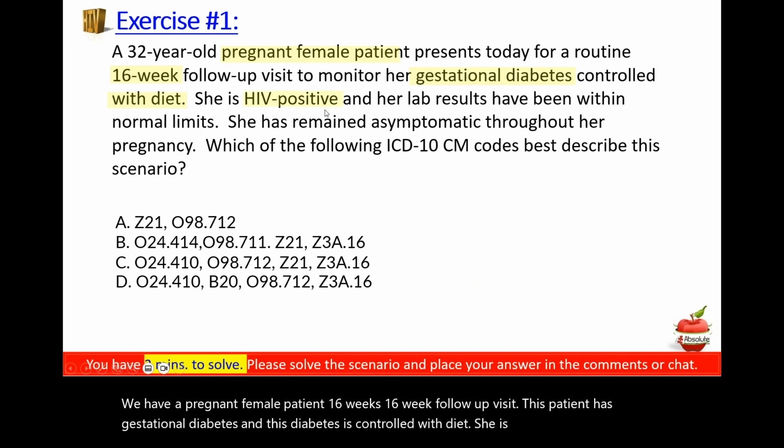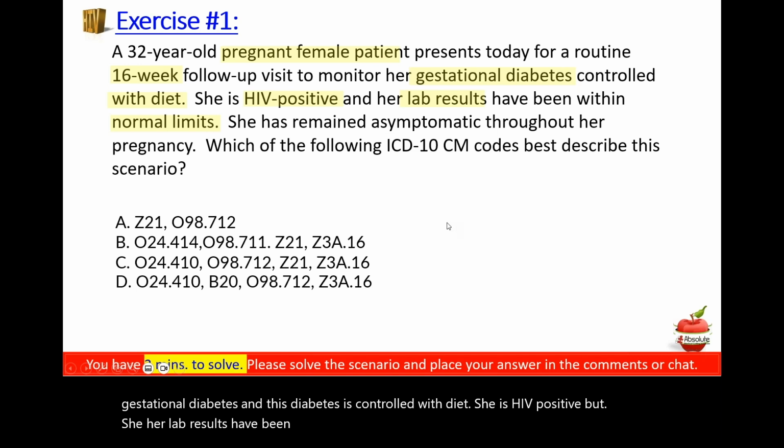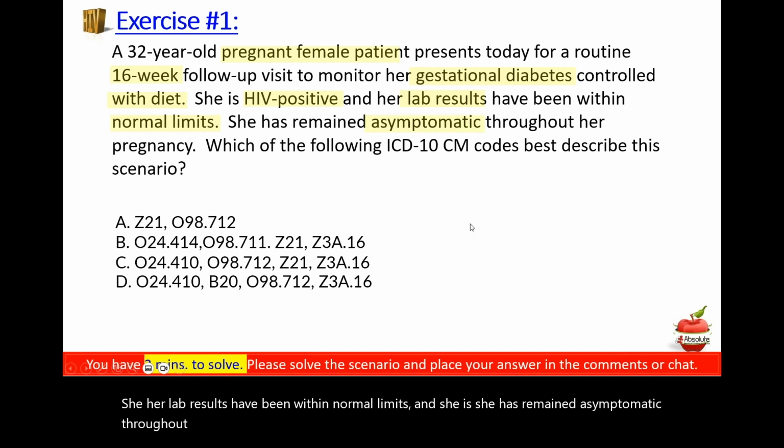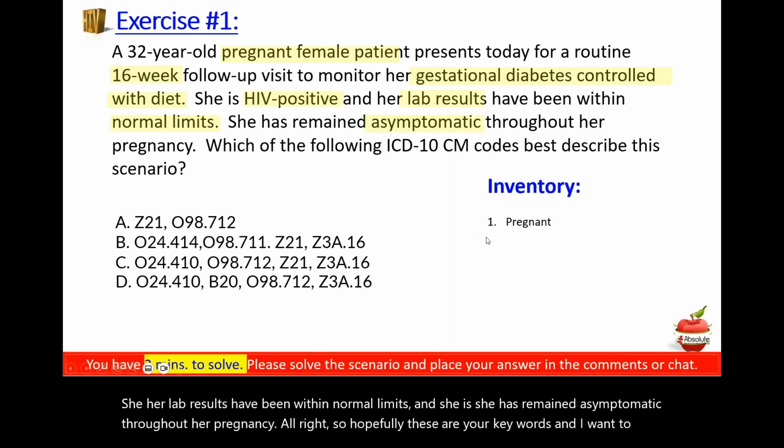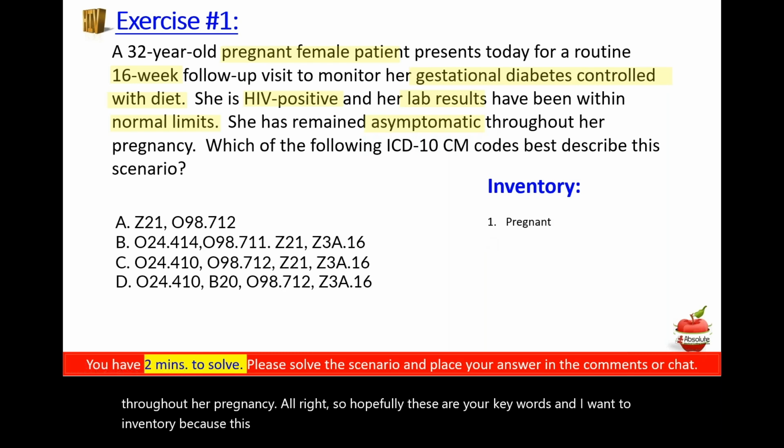She is HIV positive, but her lab results have been within normal limits, and she has remained asymptomatic throughout her pregnancy.